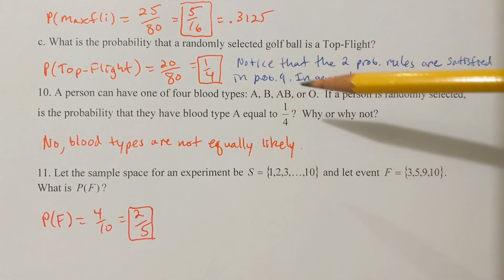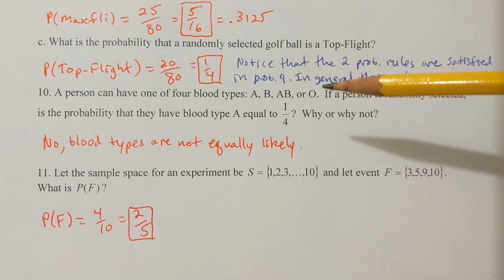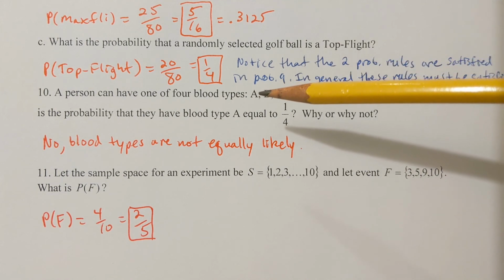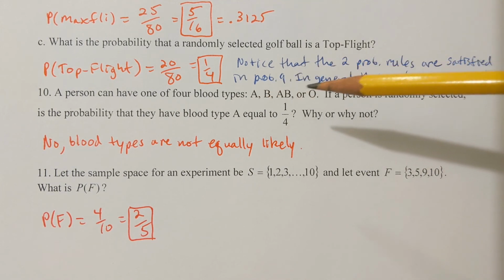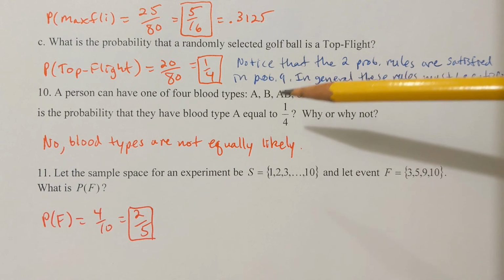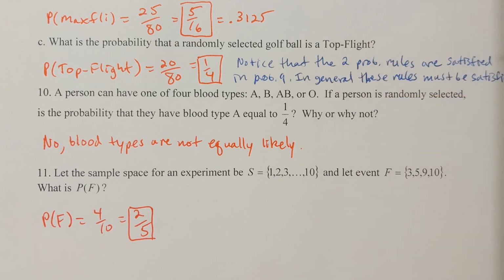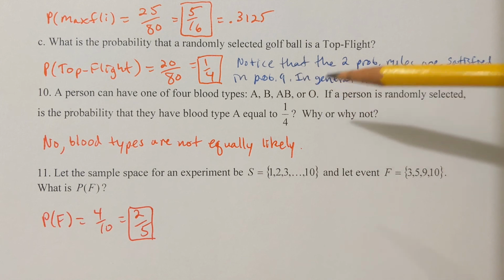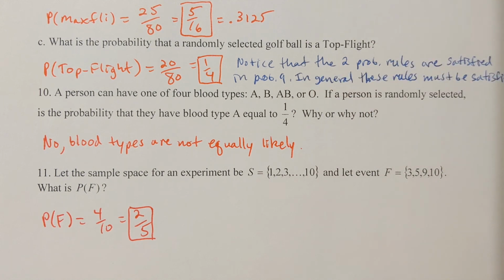there's 4 blood types, but the exact number of people that have blood type A is not the same as the number of people that have blood type B, AB, or blood type O. In fact, blood type O is sometimes called the universal blood type, and almost half the people in the whole world have blood type O. I think it's like 45% or something like that.